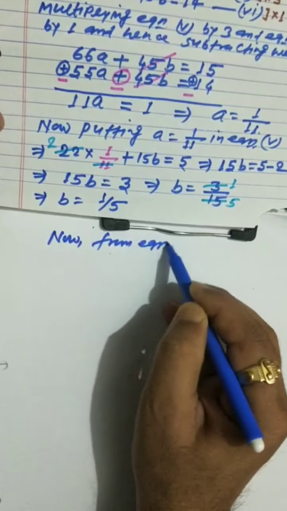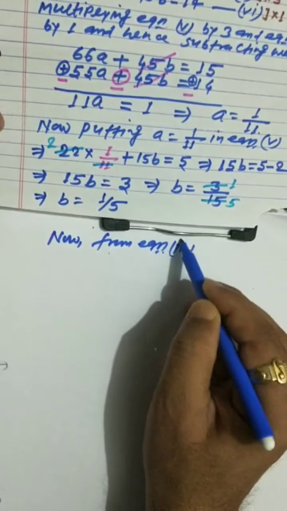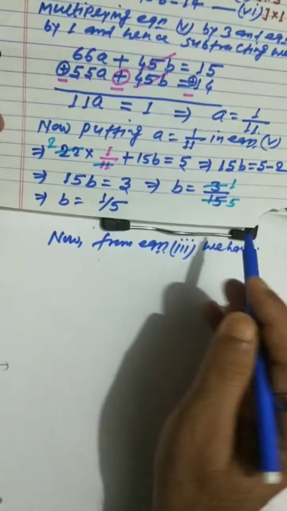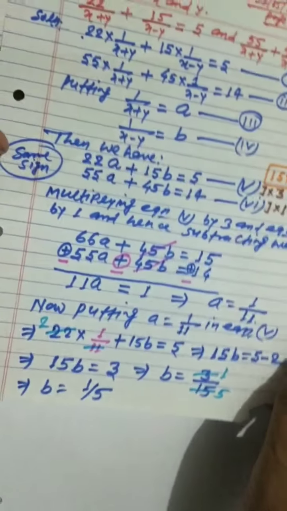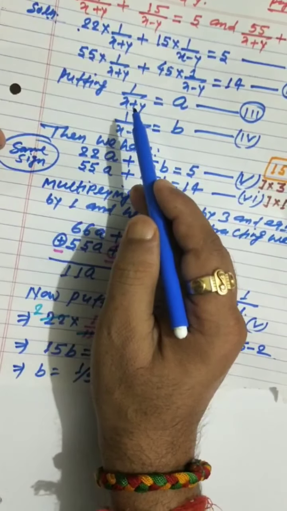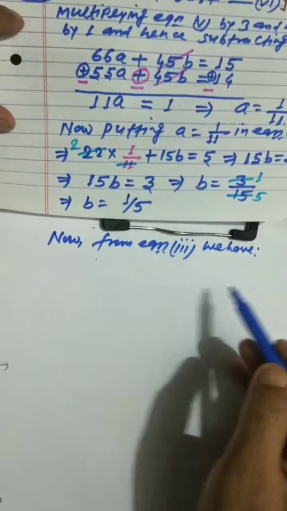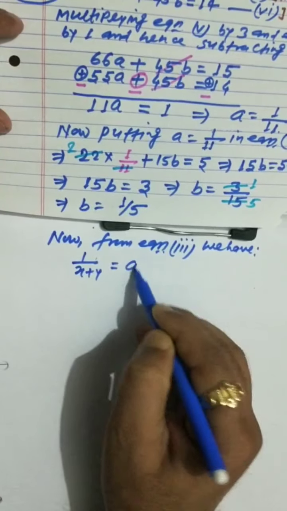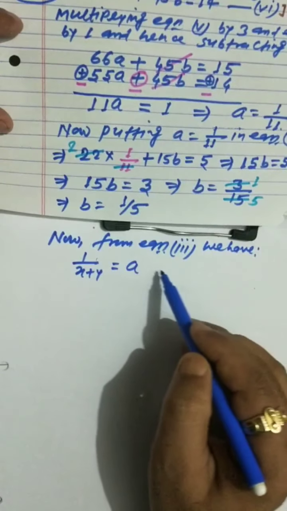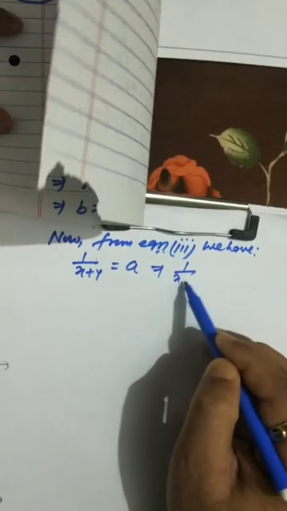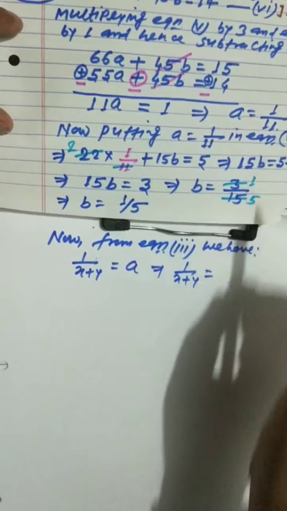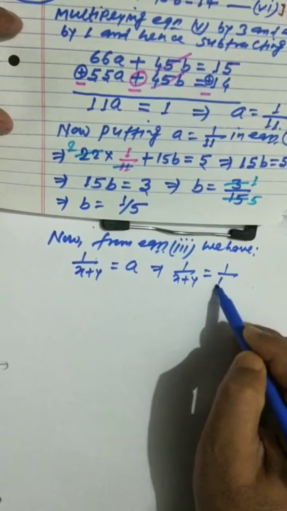From equation 3rd we have, in equation 3rd you have 1 by x plus y is equal to a. So write here 1 by x plus y is equal to a, and the value of a you have found out is 1 by 11. So write here 1 by 11.